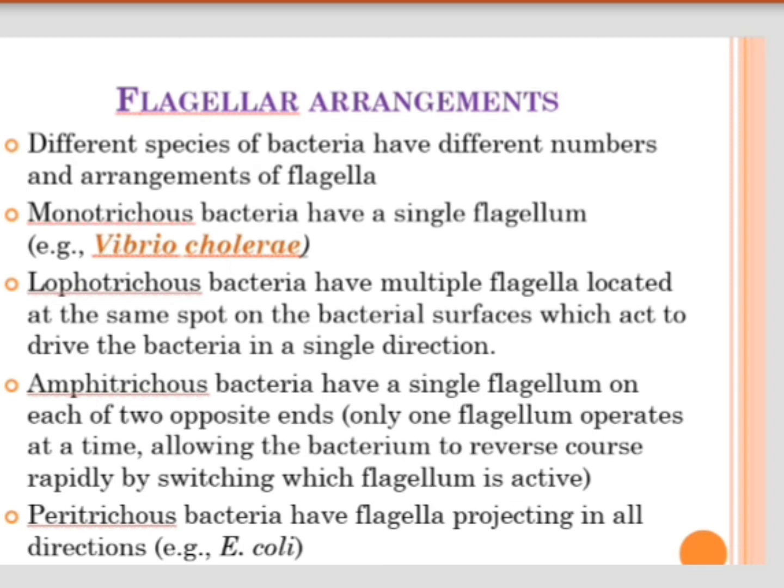Next is peritrichous bacteria. Here the entire cell surface has the flagella projecting in all directions. So based upon the arrangement of flagella, bacteria are classified into monotrichous, lophotrichous, amphitrichous and peritrichous.